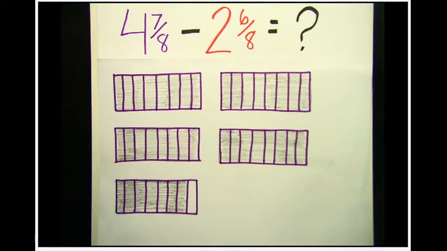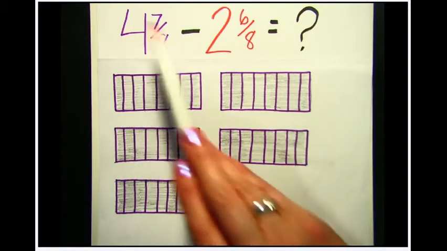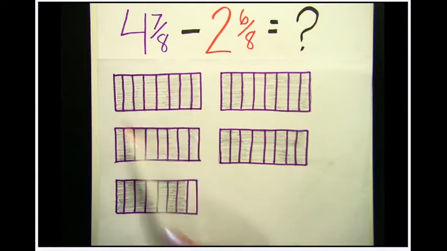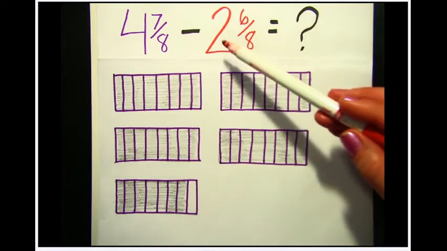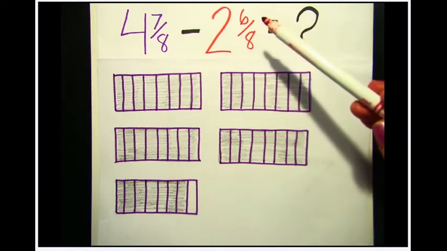So I've created my math model to represent 4 7/8. So I have 4 wholes, or 4 completely shaded in, and then I have 7 out of the 8 parts in my last whole shaded in. What I need to do now is subtract 2 wholes and 6/8.